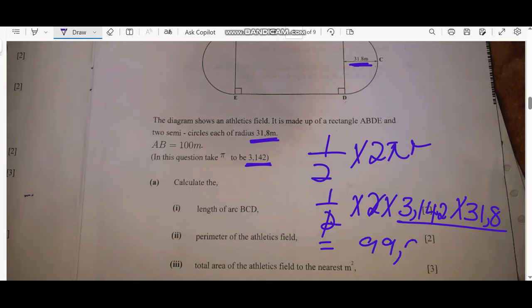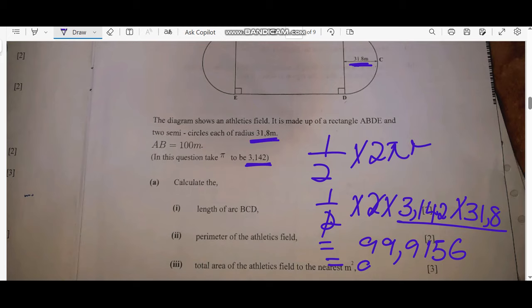Pi here is 3.142, and the radius is 31.8, as given. On the calculator, 2 times a half cancels, leaving 3.142 times 31.8, and our answer is 99.9156.